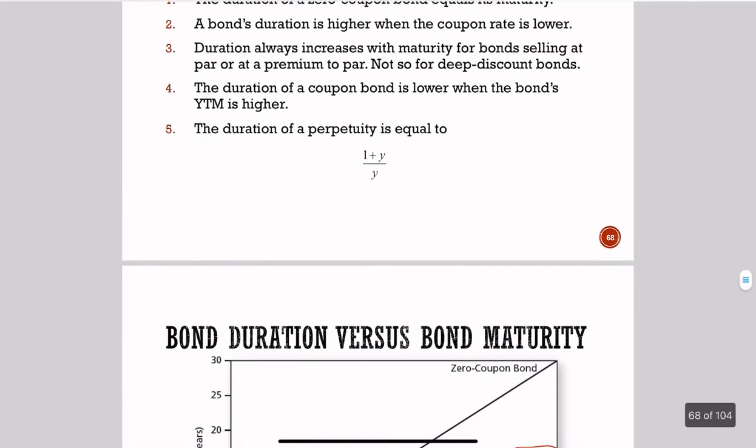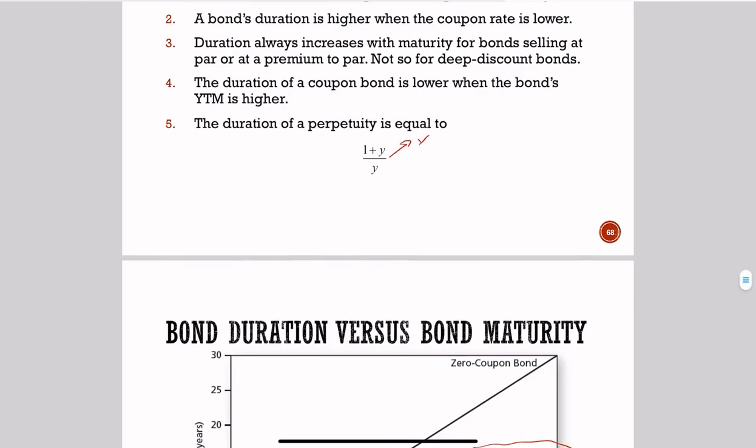Okay. Let's look at the fifth result. The duration of a perpetuity is equal to 1 plus y divided by y, right? y, again, is the yield here. Now, what is a perpetuity? It's just a bond which pays you coupon payments forever.